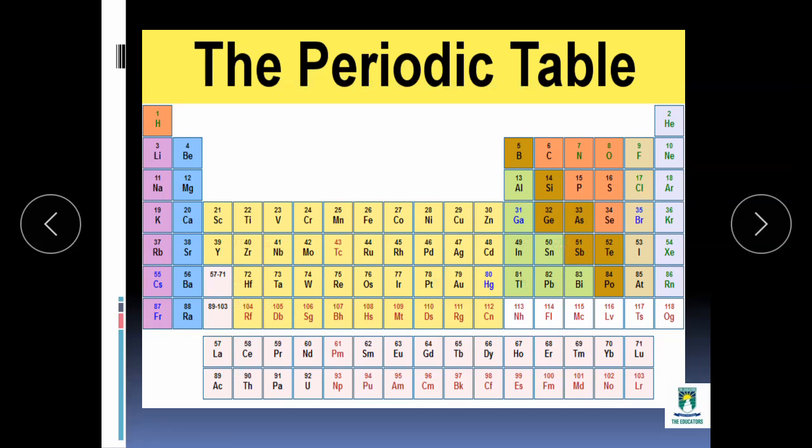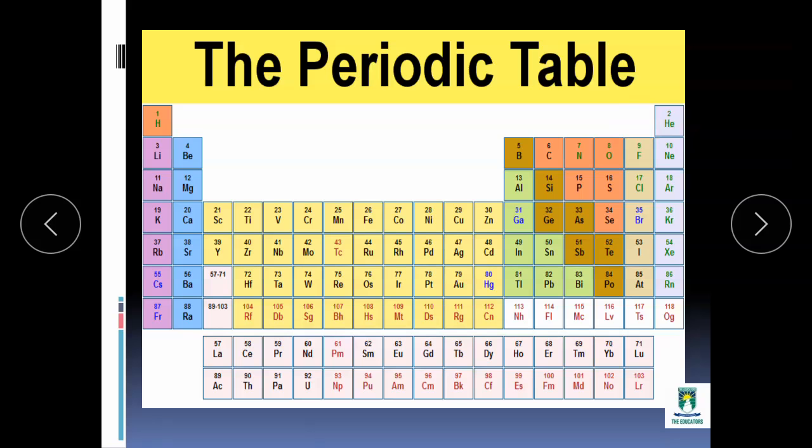In this periodic table, different elements are arranged according to their atomic number. For example, hydrogen has atomic number 1, so it has the very first position in the periodic table. On the other hand, helium has atomic number 2, so it got second position.